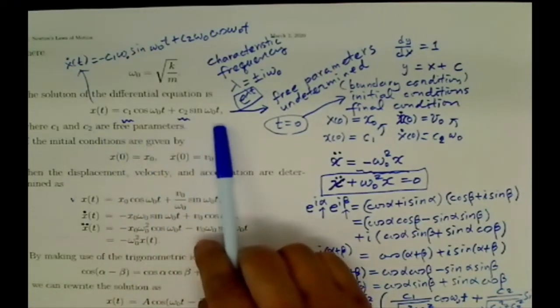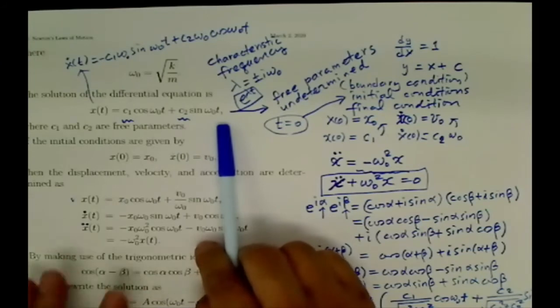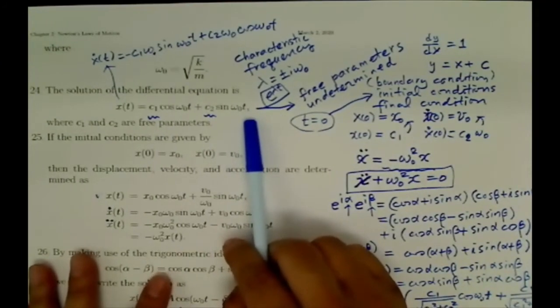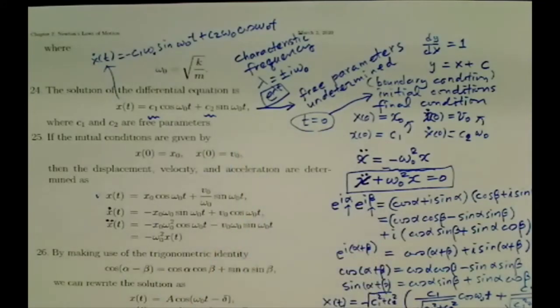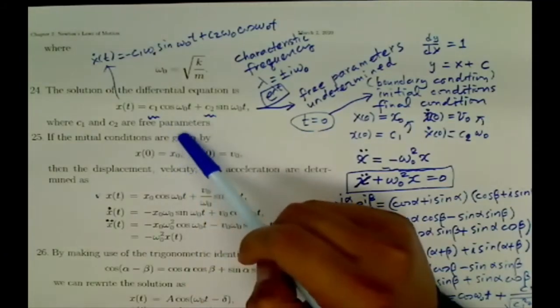So what we have obtained for the general solution for the simple harmonic oscillator is x of t equals c1 cosine omega 0 t plus c2 sine omega 0 t. The velocity of that particle can be obtained by taking the derivative. And we have cosine omega 0 t.